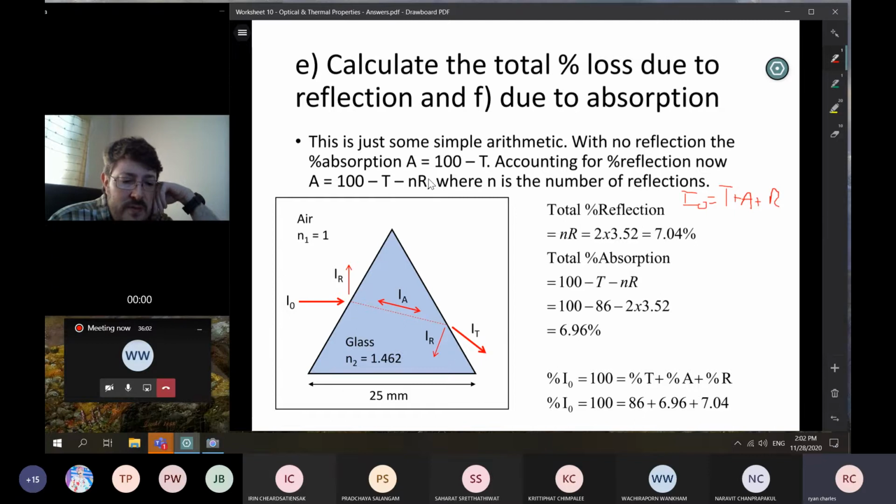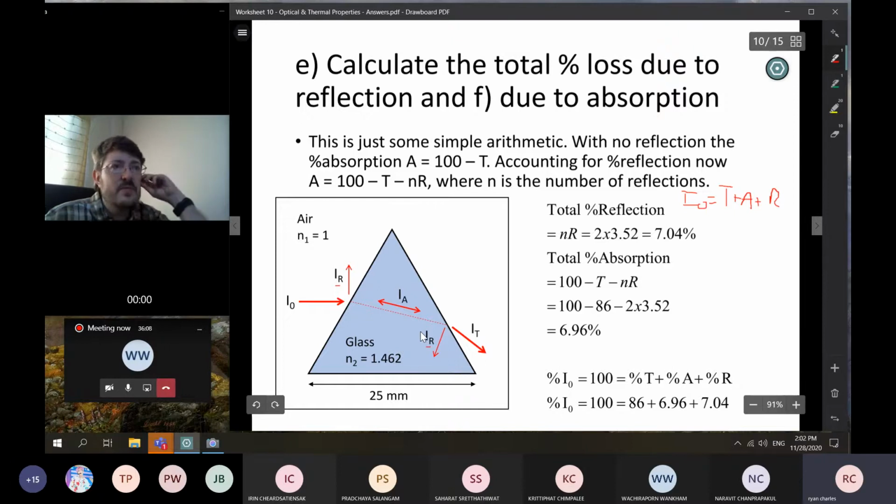If we only had one reflection, great. But if we have 2 reflections, we have to account for that. So the total reflection: well, how many reflections are there? There's only 2 here, and they reflect the same amount, 3.52%. The index is the same. The mismatch is the same. It doesn't matter if it's going air to glass or glass to air.